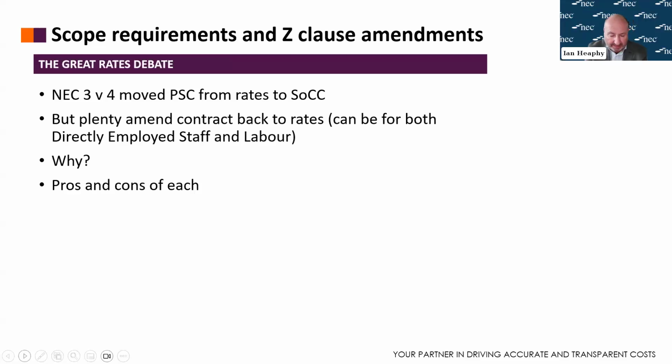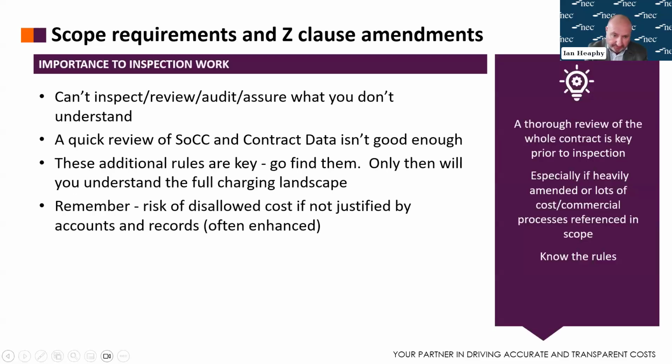I think just going back to that previous slide as well, there was a comment there about a disallowed cost for amounts that aren't justified by accounts and records. Justified in that context means basically to the satisfaction of the project manager. But the project manager does need at times to be pragmatic around that. We don't, again, want to see reams and reams of paper, lots of additional information being provided.